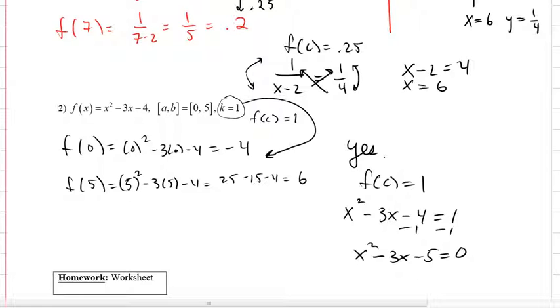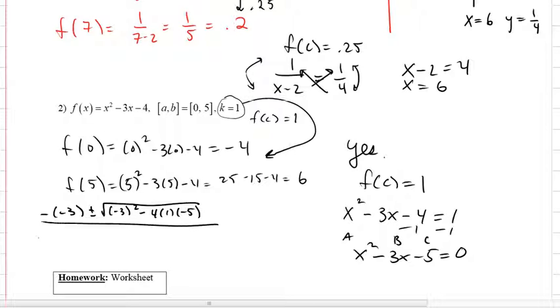So it's going to be negative b, so it's a, b, c. Negative -3 plus or minus the square root of -3 squared minus 4 times a times c, all over 2a. 2 times 1, which is 2.